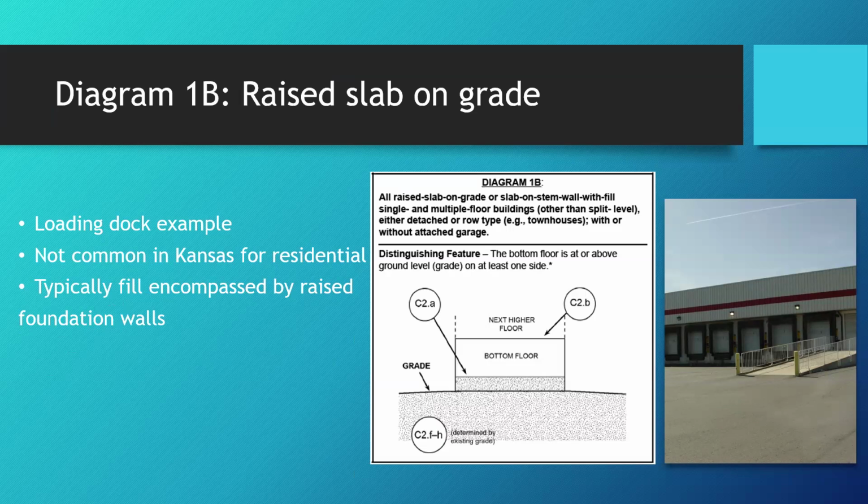Very straightforward. Again, C2A is the top of the bottom floor, so that would be the top of the slab. And then C2B would be the next higher floor if there is one. And then again, as you'll see when we go through Section C, F through H are determined by what the existing grade is.